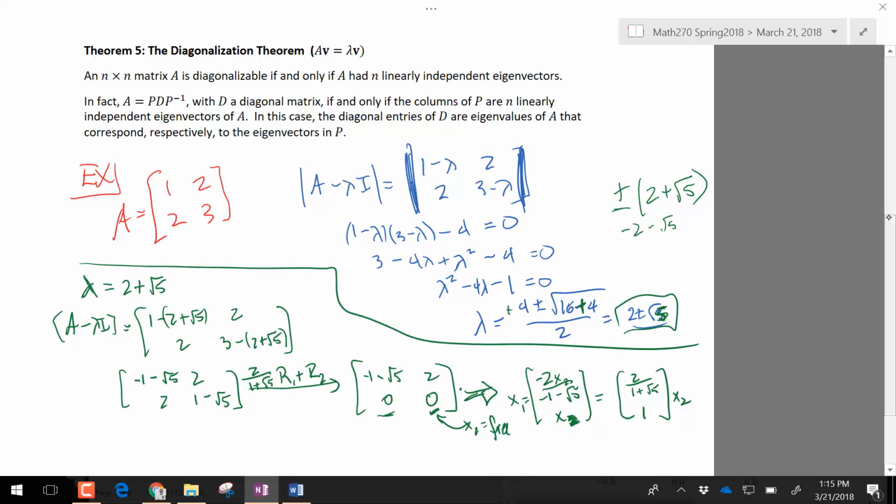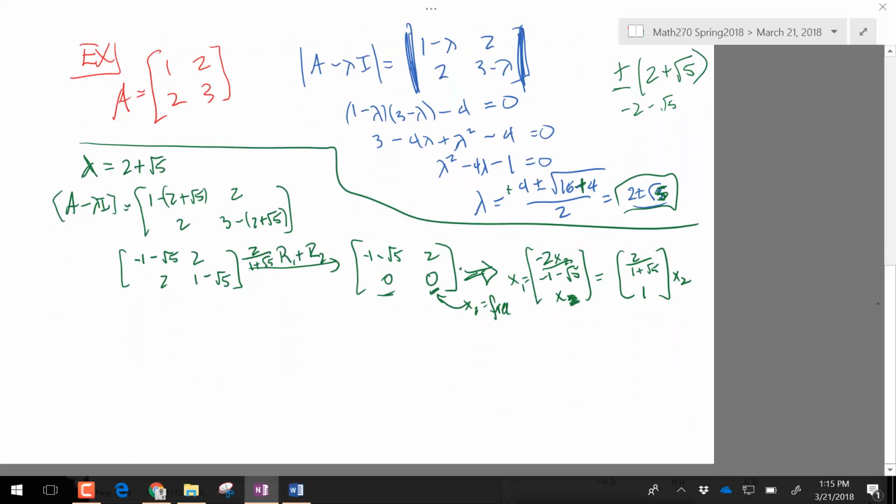So in other words, we have an eigenvalue, let's call it lambda 1, equal to 2 plus root 5. And then our corresponding eigenvector, let's call it v1, is going to be this, 2 divided by 1 plus root 5 and 1.